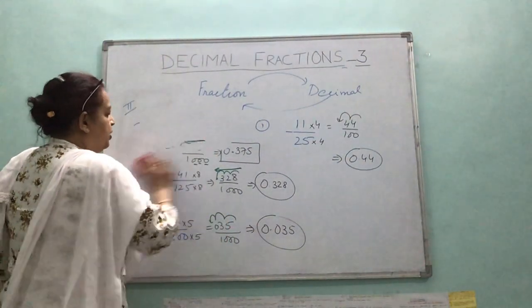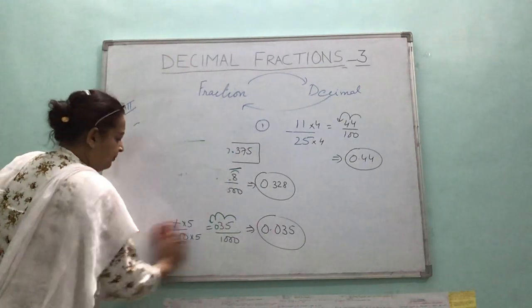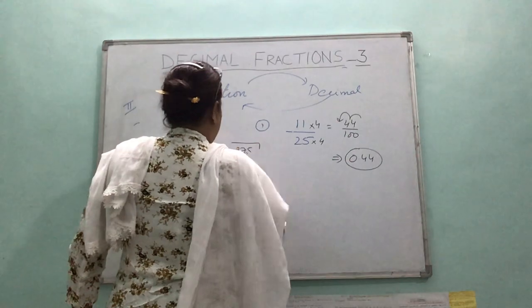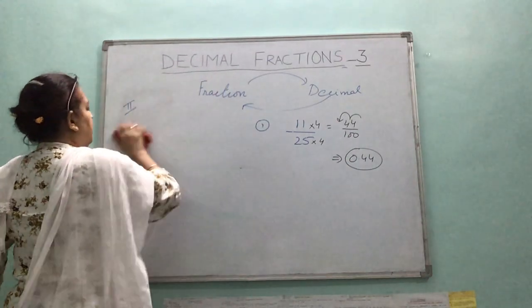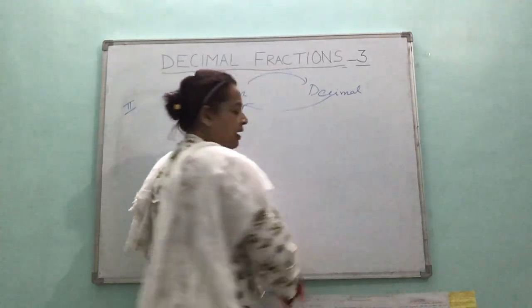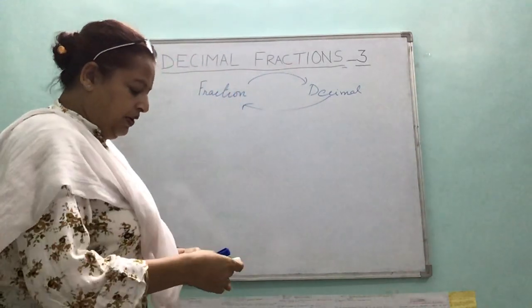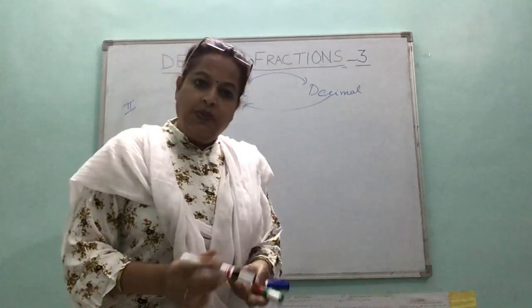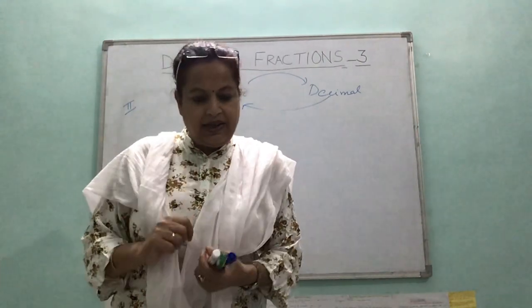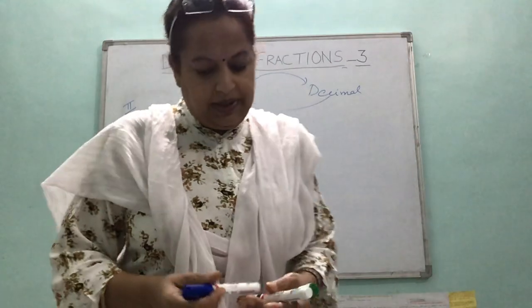So for conversion of mixed fraction into decimal, alright? Okay. So I am taking 1 or 2 examples, or I am taking question number 4 of your exercise. I will take say even subparts.